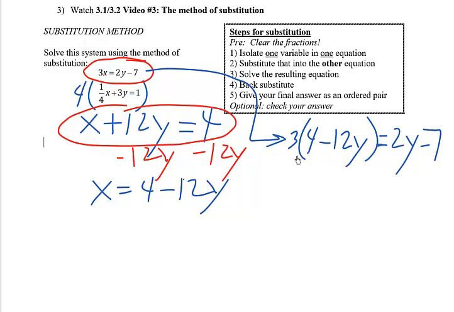Now the great thing about this equation now is it only has one letter in it. That means it's something I can solve. Step 3 in our list of steps says now go ahead and solve that resulting equation just doing simple algebra. Looks like the first thing I need to do is some distributing. Let's go ahead and do that.